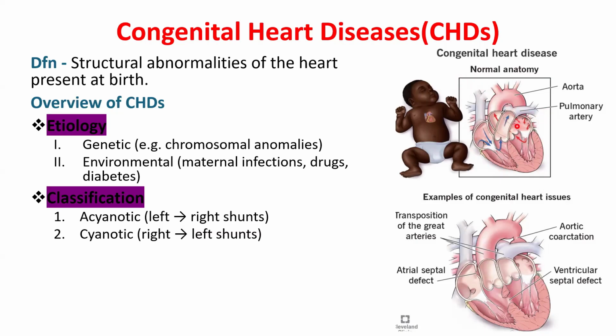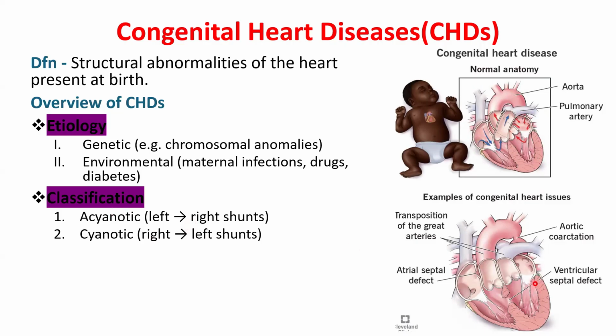From the lungs back into the left atrium, you can see in red, from the left atrium to the left ventricle, from the left ventricle to the aorta, and then into the body.